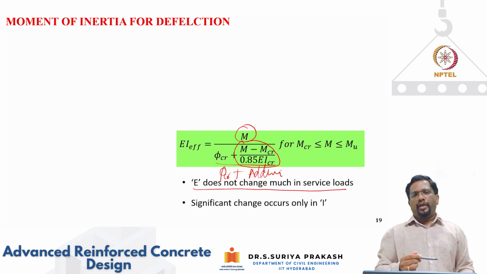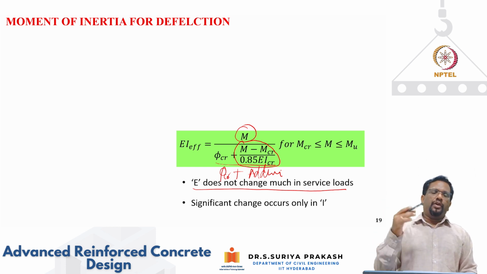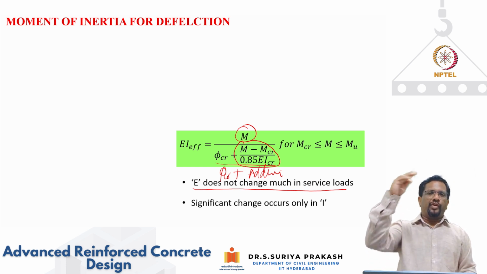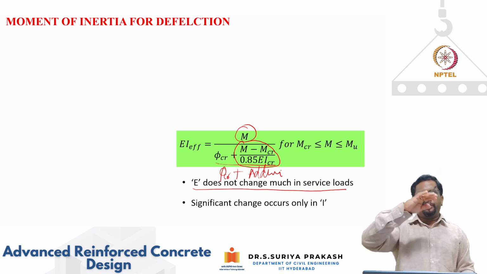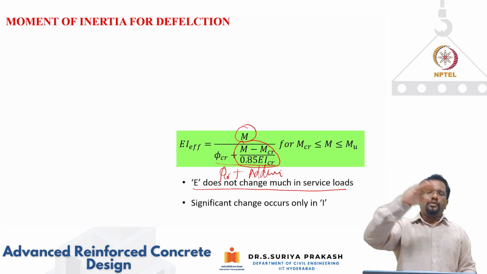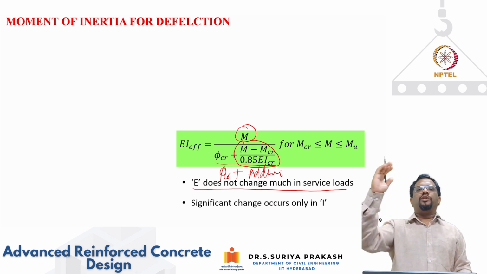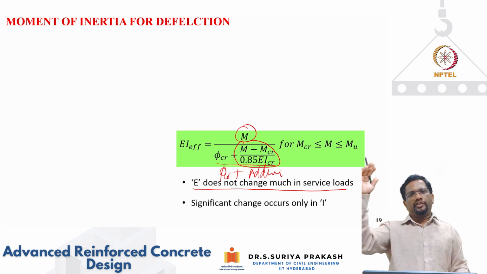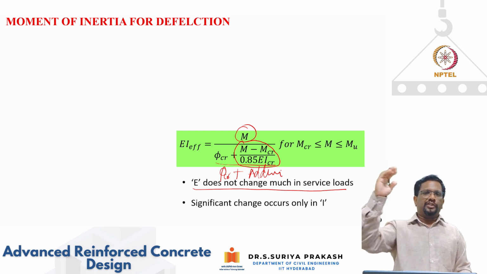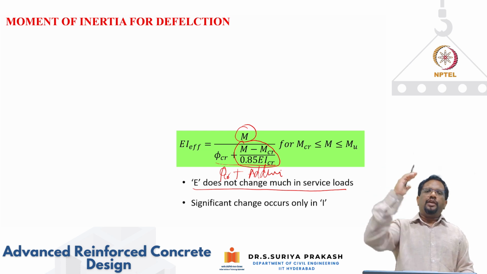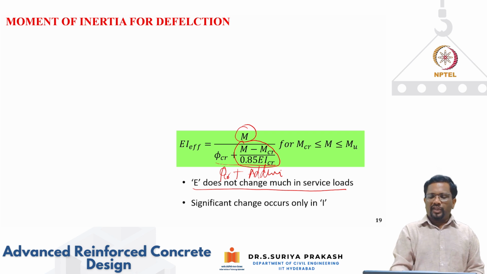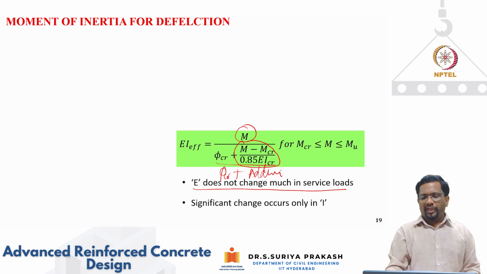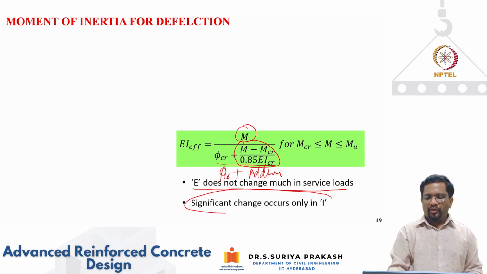We have seen that elastic modulus up to 40% of its peak compressive strength is pretty much linear. Then it becomes non-linear, though it's not going to change much. When your service stress levels are around 60% of your peak strength, there will be a small reduction, but the reduction is not much. So we're going to assume that E is not going to change much. The major change occurs only in your moment of inertia.